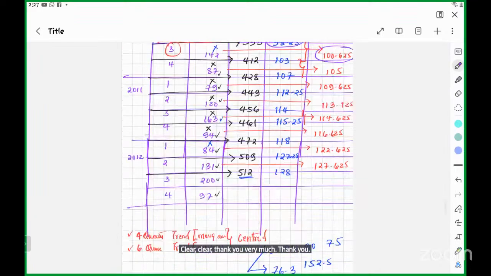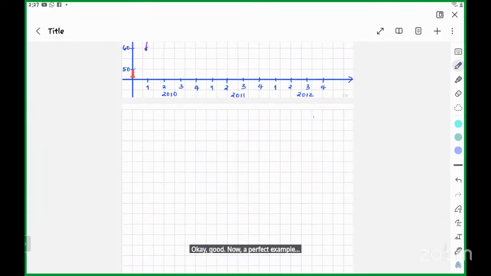Okay, good. Now, a perfect example, if I can make it even clearer.